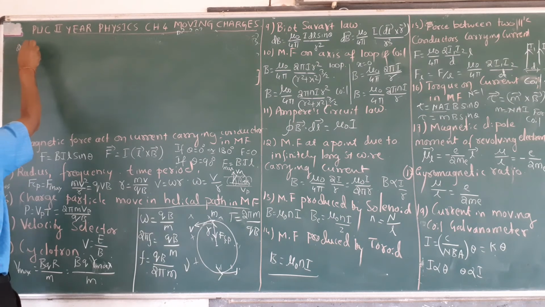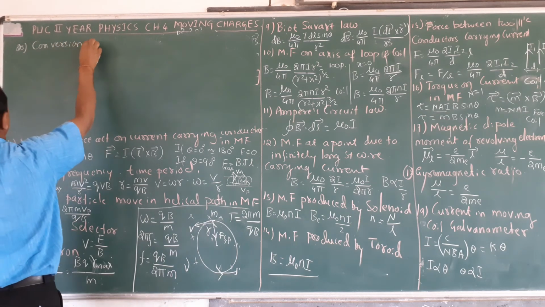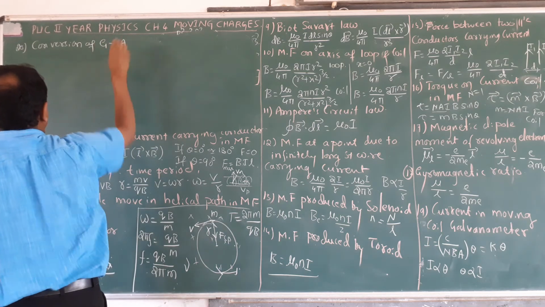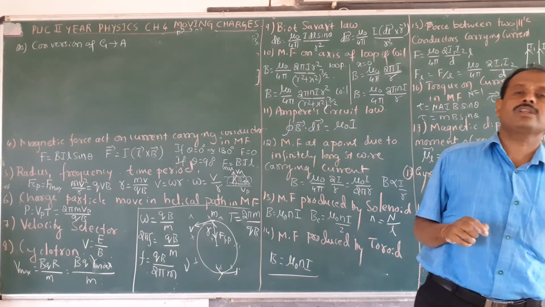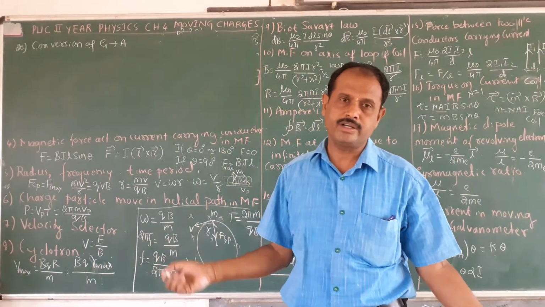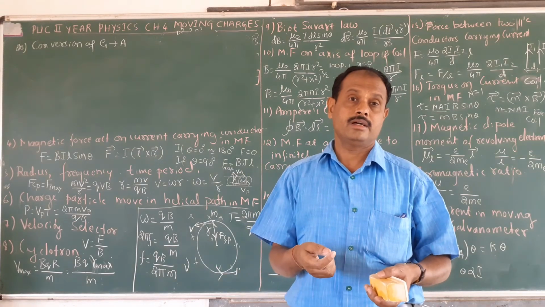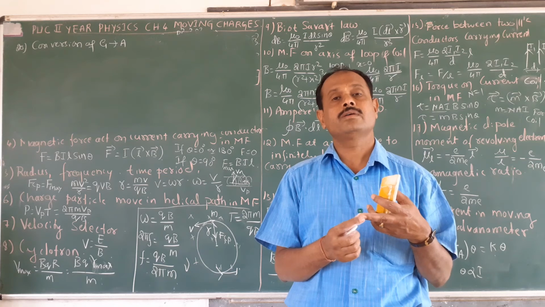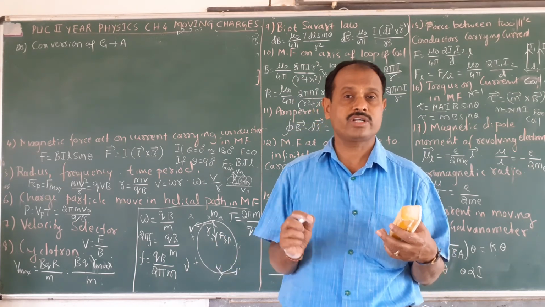Conversion of galvanometer into ammeter. How do you convert the galvanometer into an ammeter? When a very small resistance is connected in parallel to the given galvanometer, then it is converted into an ammeter. Whatever resistance is connected in parallel to the galvanometer for the conversion of galvanometer to ammeter is called shunt or shunt resistance.